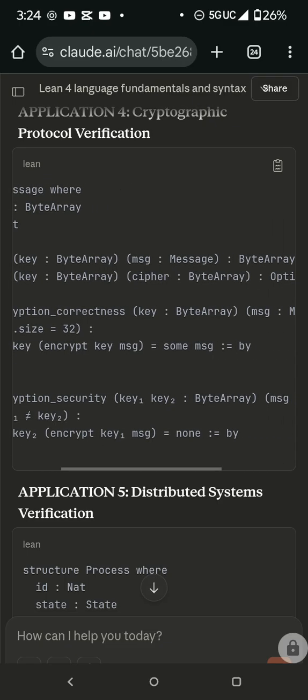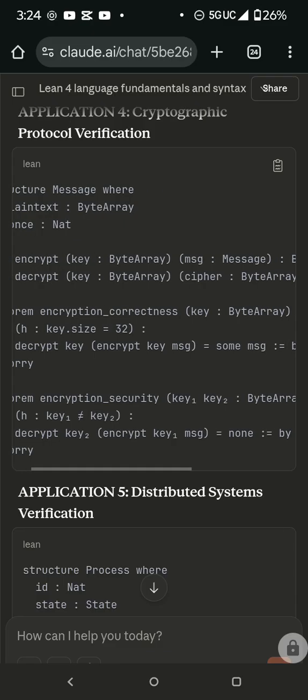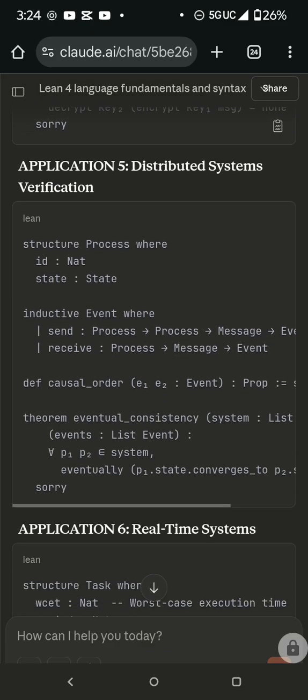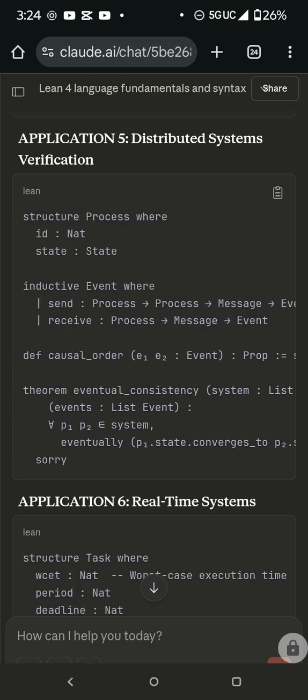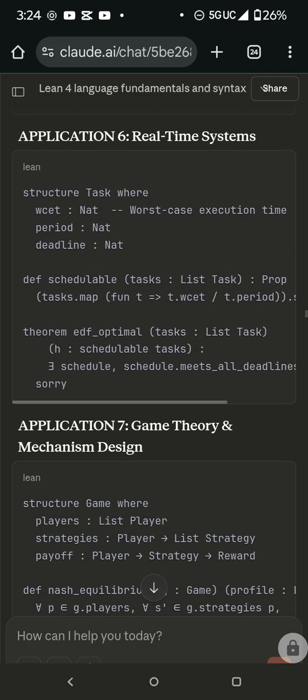All is shown. I'll move from side to side once or twice here. Application 5, distributed systems verification, like this. Application 6, real-time systems, structured tasks, etc., etc.